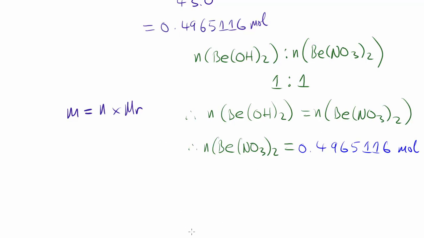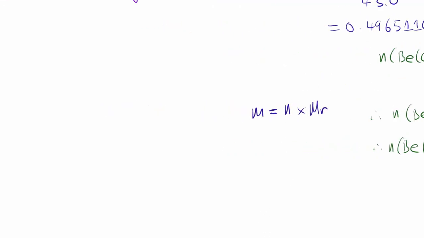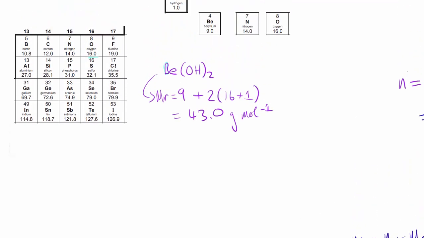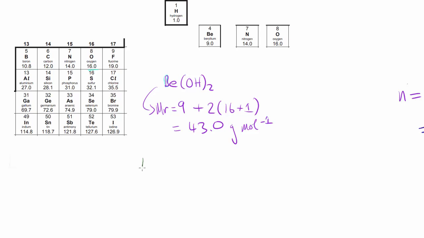I think I forgot to put some brackets, so let me put one additional bracket here. Yeah, it looks better. Be(NO3)2. So now we're looking at the Mr of the Be(NO3)2.